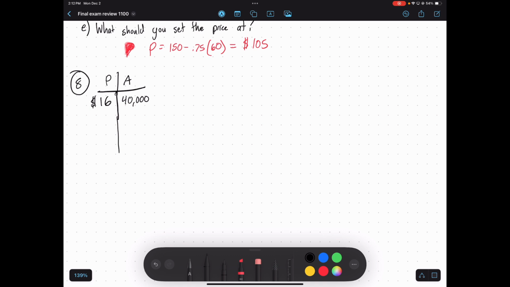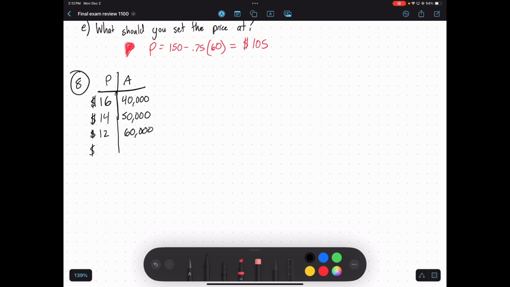But then it'll tell you that every decrease of, in my case, $2, adds an additional 10,000 people. So if I decrease it to $14, I should see 50,000 people show up. If I decrease it to $12, I should see 60,000.